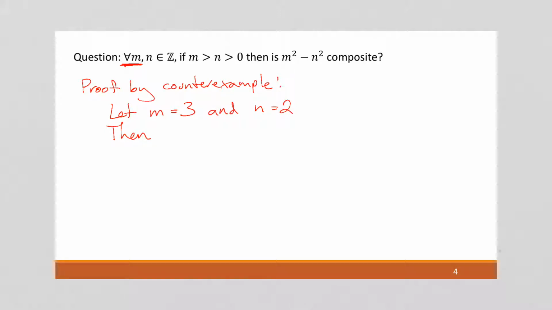Then m squared minus n squared is going to be 3 squared minus 2 squared, which is 9 minus 4, which is 5, which is not composite. This is prime.